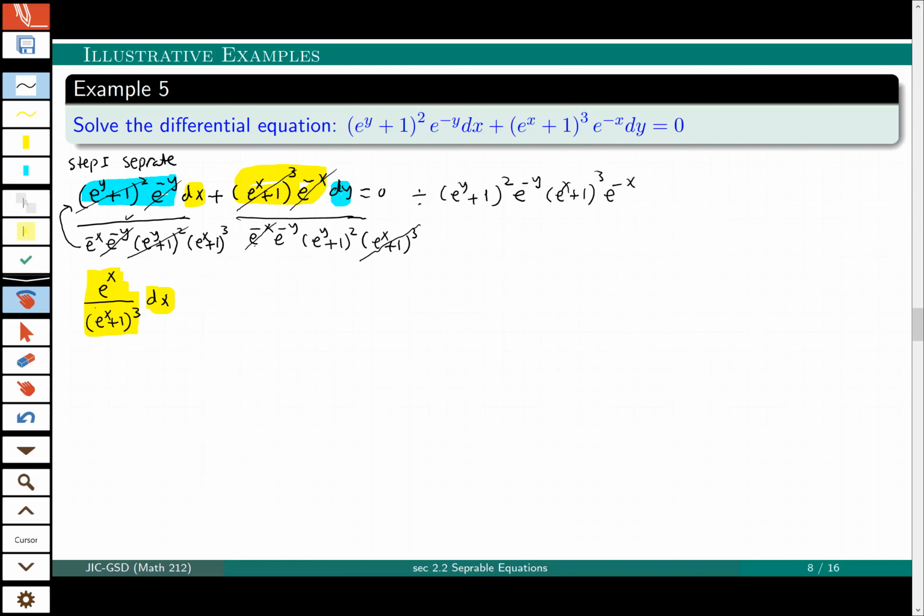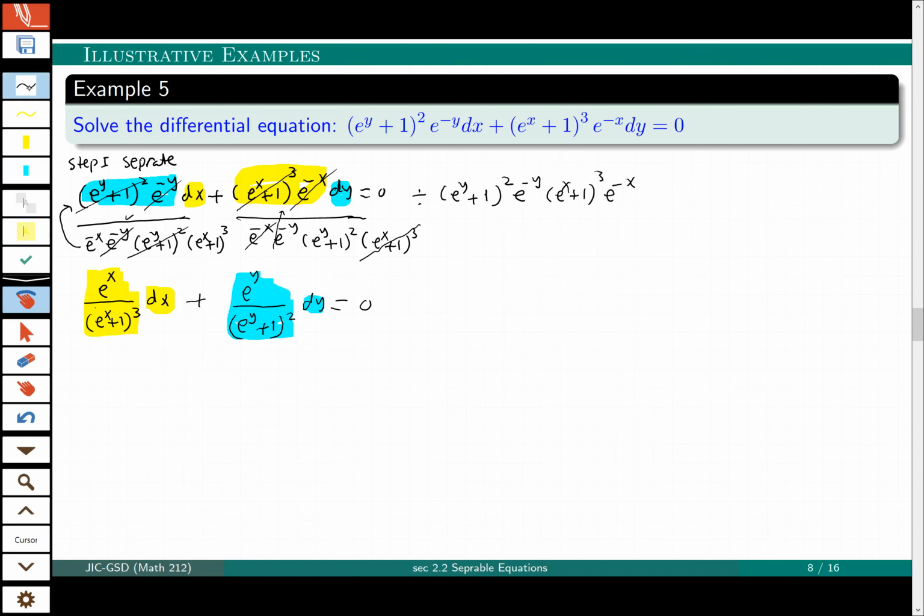And of course, that one will go up. So what you will get? E to the power y divided by e to the power y plus 1 all to the power 2, dy equals 0. Again, look here, we have dy, and here we have only a function of y.